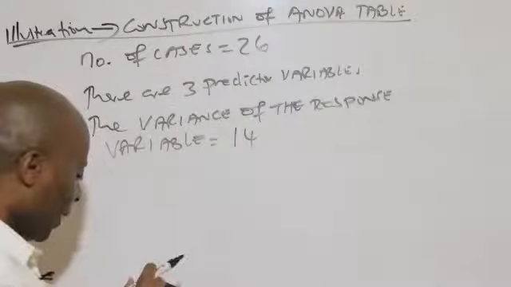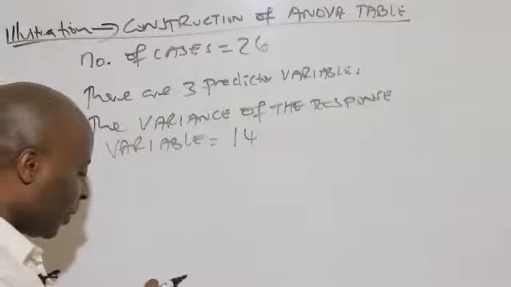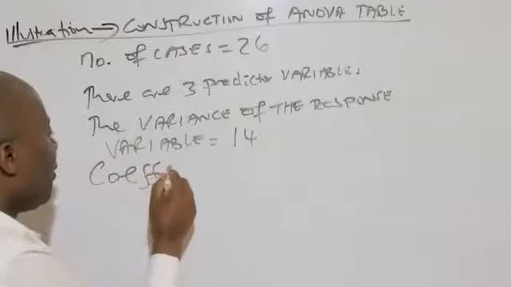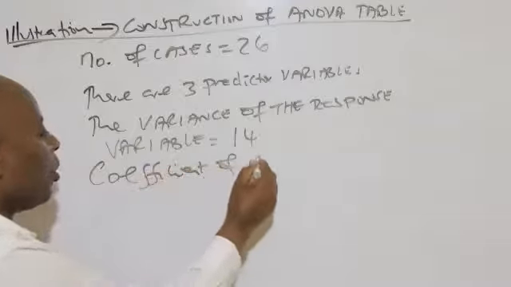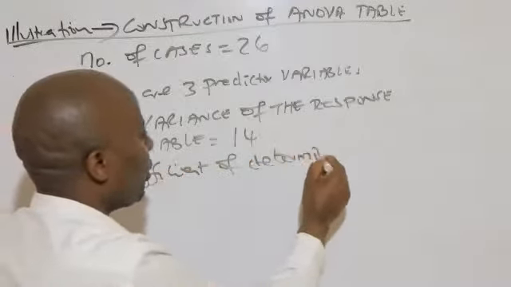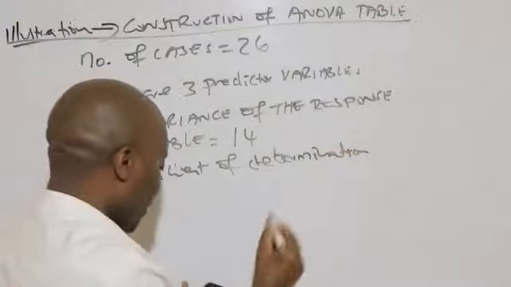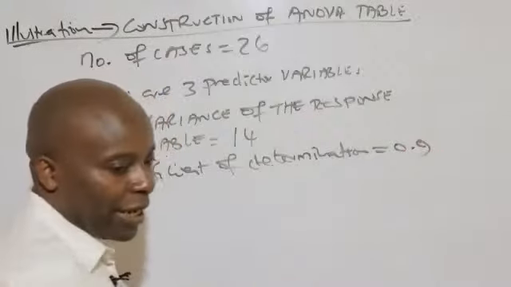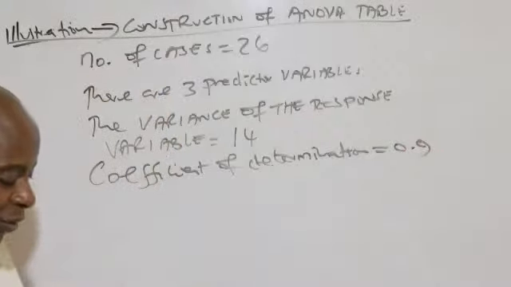And then they have given us the coefficient of determination, which equals 0.9. Write that slowly, 0.9.